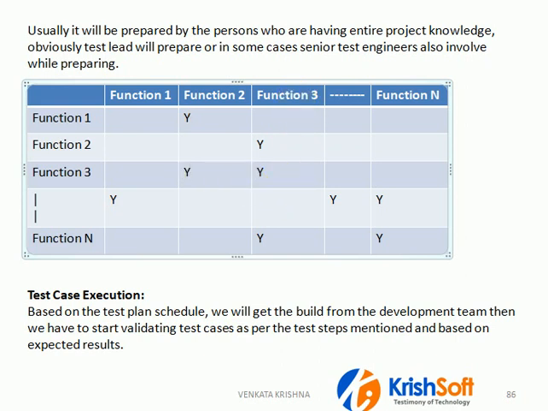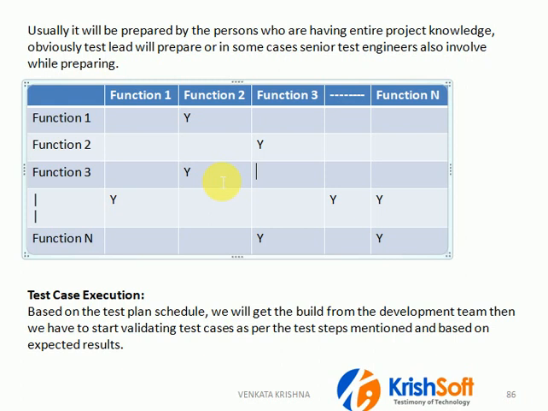For example, functionality 3, some functionality is modified. In regression testing, what do you need to verify? Functionality 2 you need to verify, because related functionalities you need to verify in regression testing. So our intention is not breaking any functionality. That is how this decision table is useful for deriving integration test cases and regression test cases.